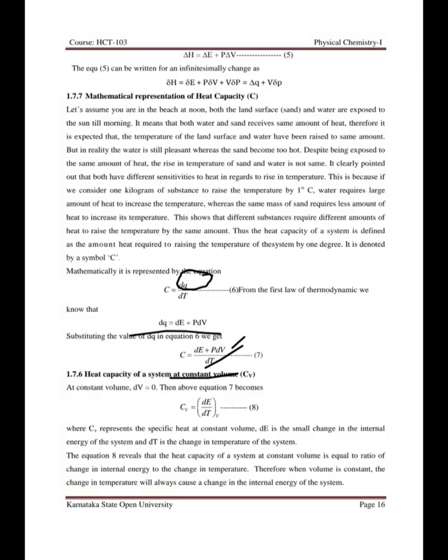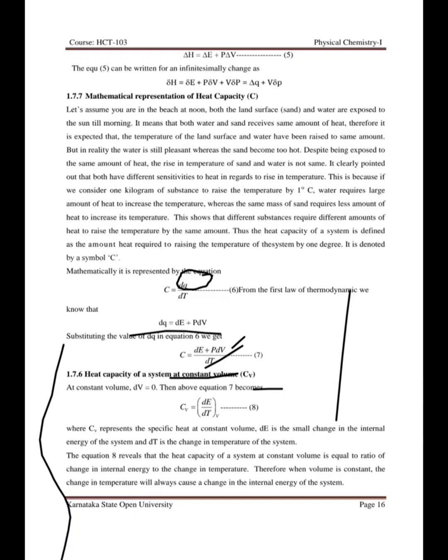Next is the heat capacity of the system at constant volume. Further on, we are going to keep some variables constant and derive the equations with respect to constant volume and constant pressure. In the system, we calculate all the terms keeping temperature, pressure, or volume constant, and vary the other variables.